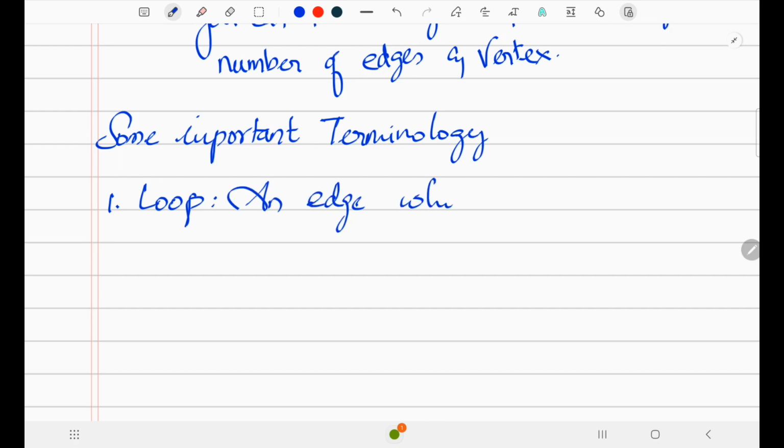I mean an edge which starts and ends in the same vertex, an edge whose endpoints are the same vertex.